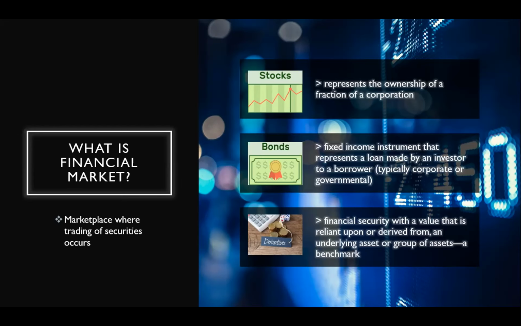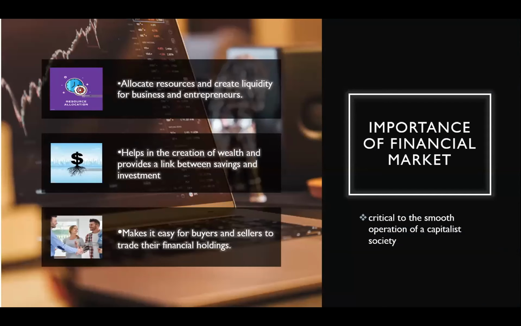It is being said that financial markets are critical to the smooth operation of a capitalist society. Why? First, because it allocates resources and creates liquidity for business and entrepreneurs. Second, it helps in the creation of wealth and provides a link between savings and investment. And third, it makes it easy for buyers and sellers to trade their financial holdings.